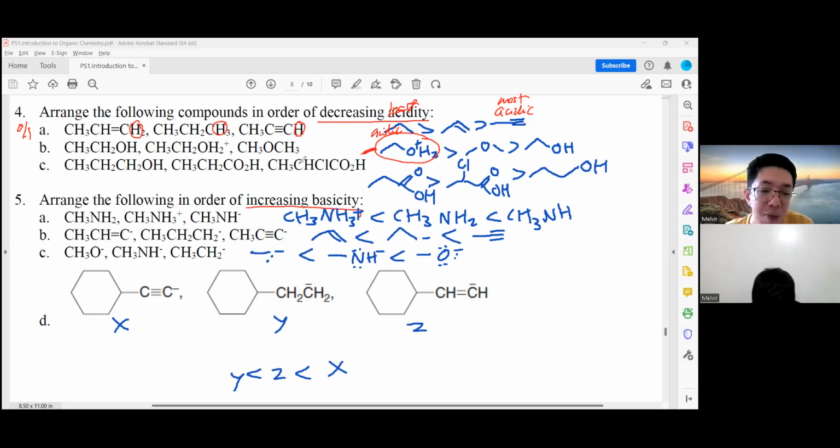Ibig sabihin nun, madaling matanggal. So, which hydrogen can be easily removed, coming from an ether or coming from an alcohol? Sino mas madaling matanggal yung hydrogen? Kasi mas acidic siya pag ganun.